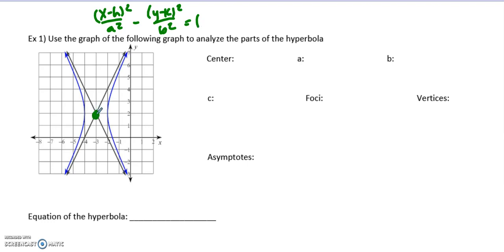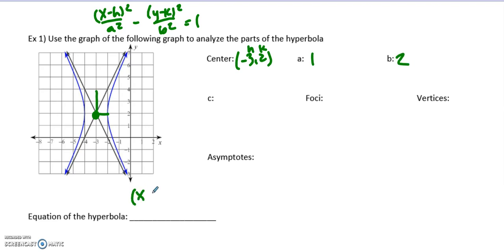The center is pretty easy to identify. That's negative 3 comma 2, which is awesome because that's my h and k. My a value is how far I go in the x direction. So that's 1. My b value is how far I go in the y direction. That's 2. So I can actually write my equation already.